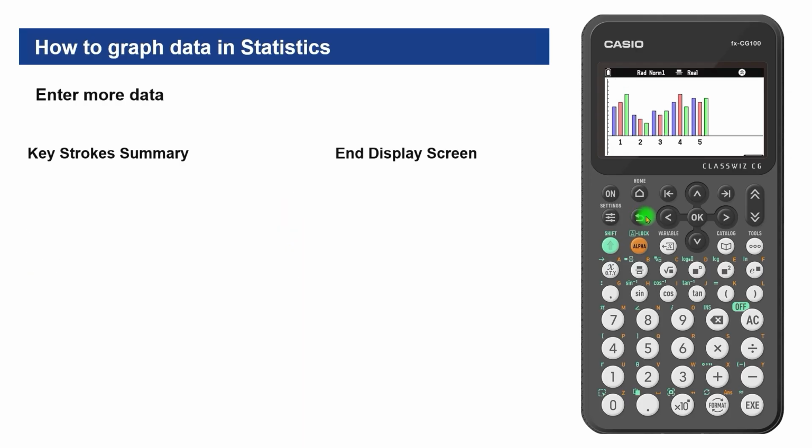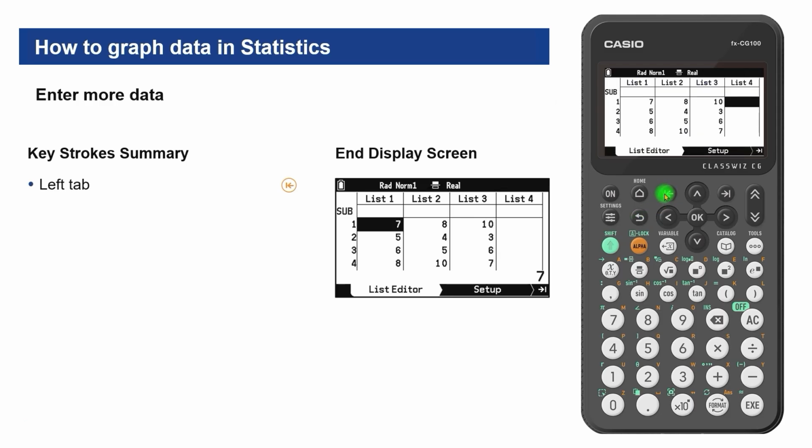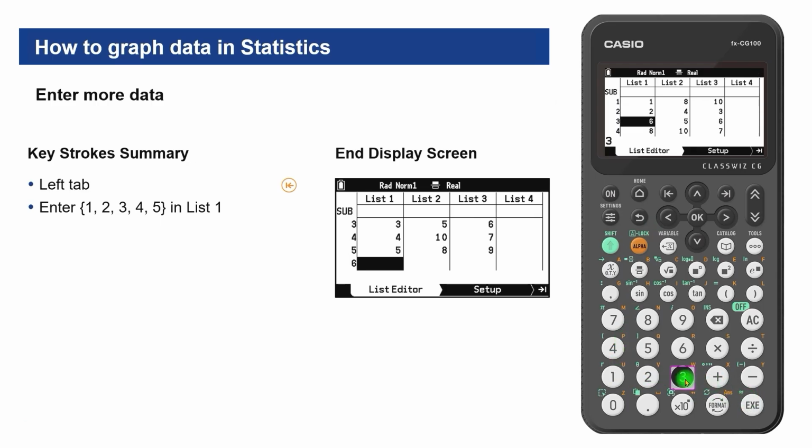For other graphs, enter different data. Left tab to return to the list editor, and enter 1, 2, 3, 4, and 5 in list 1, overwriting the existing data.